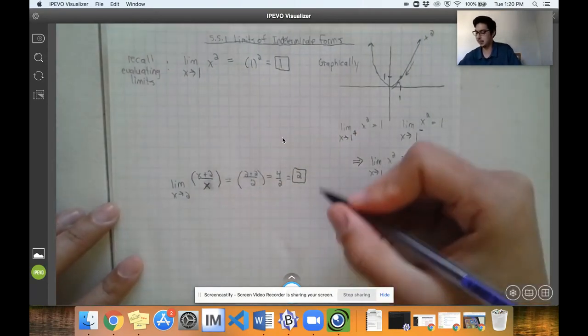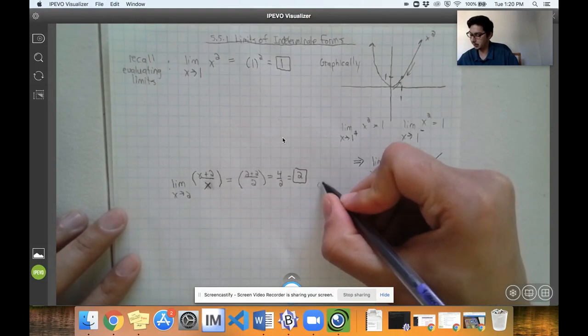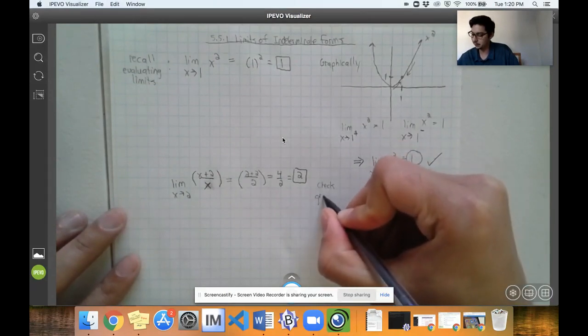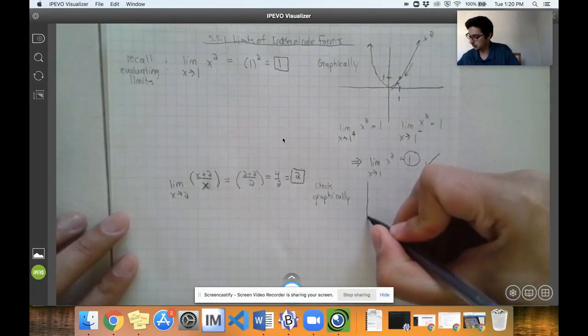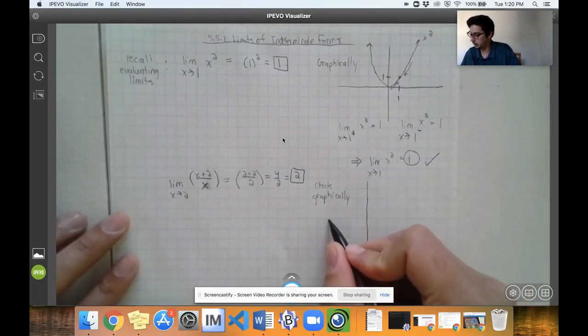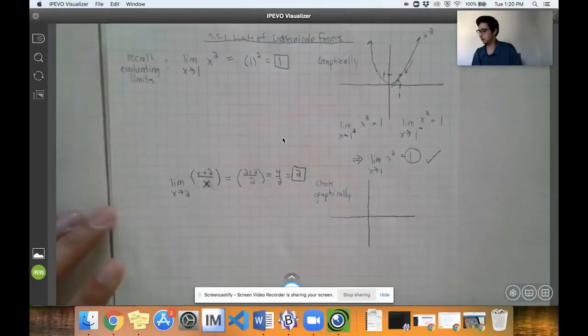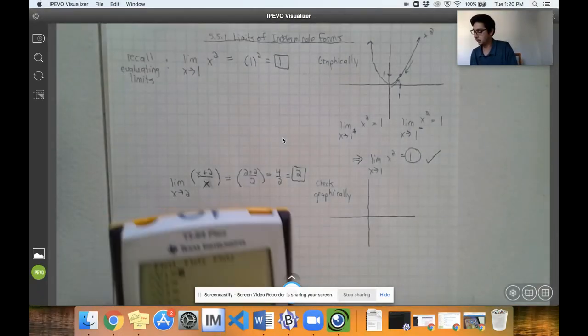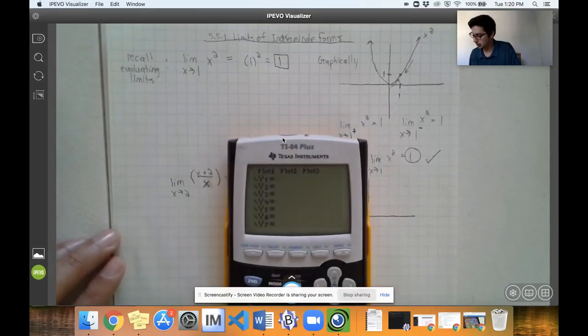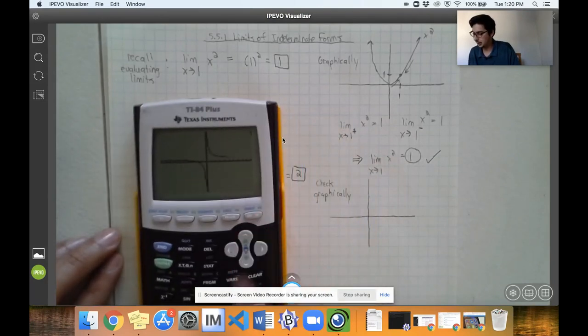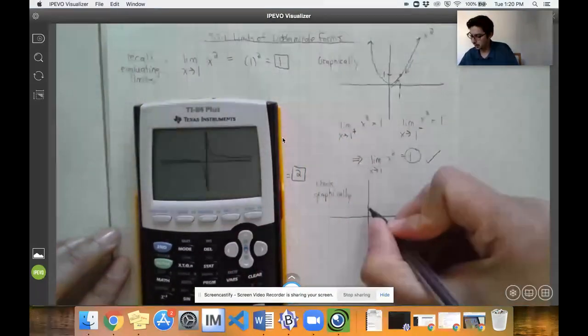And if we wanted to check graphically, I actually don't know what this looks like, so let's bring out my calculator and look. If I put that equation in on my calculator, x plus 2 divided by x, and we look at the graph, I can see it looks something like this, where at 0 there's an asymptote.